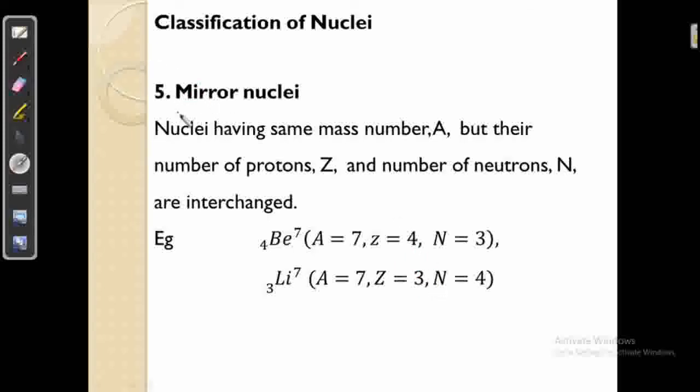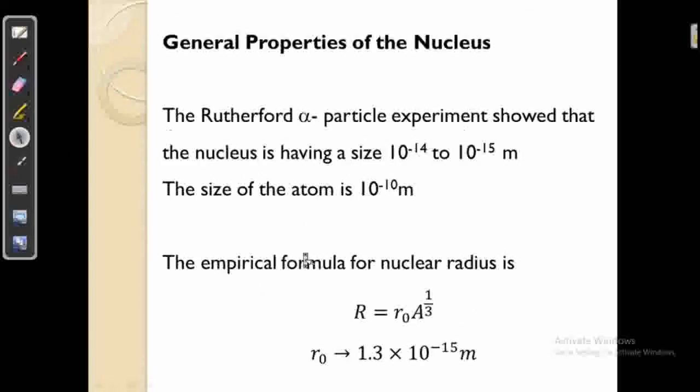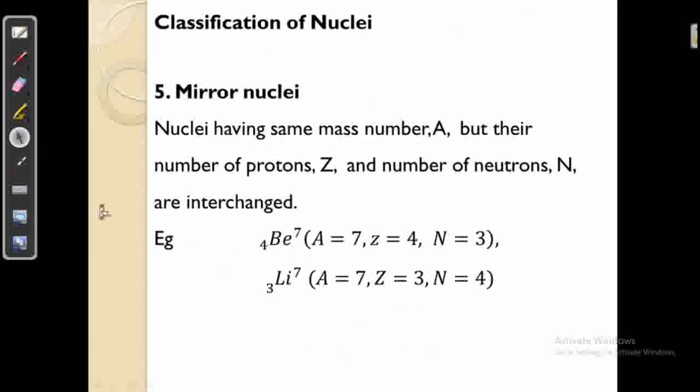So these are known as mirror nuclei. These are the different classifications of nuclei: isotopes, isobars, isotones, isomeric nuclei or isomers, and the fifth one, the mirror nuclei.